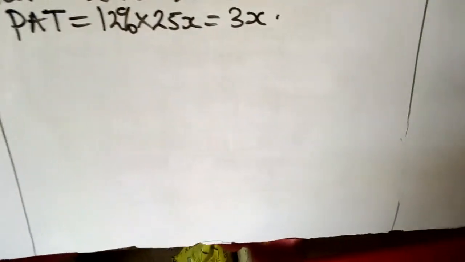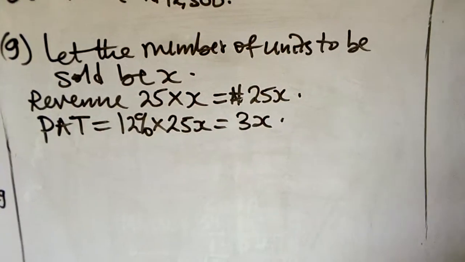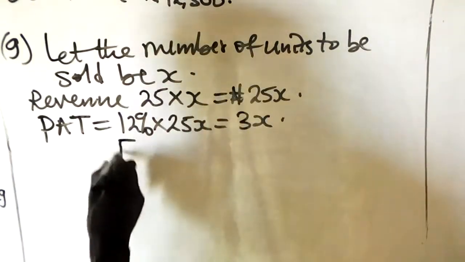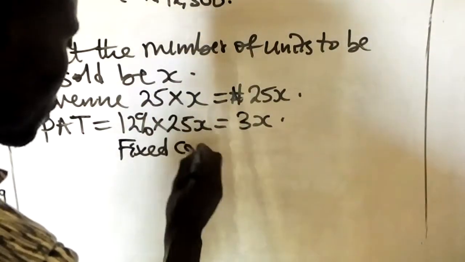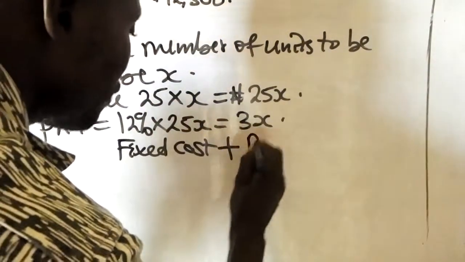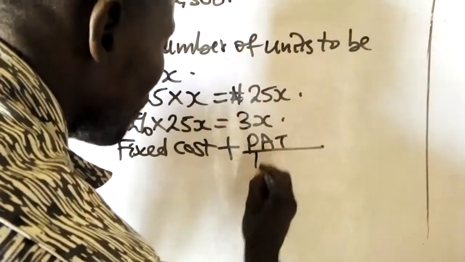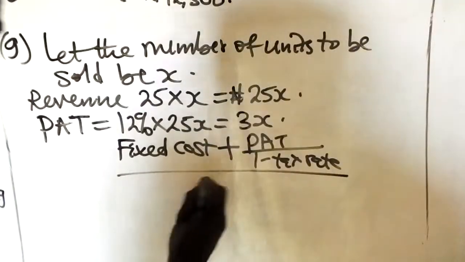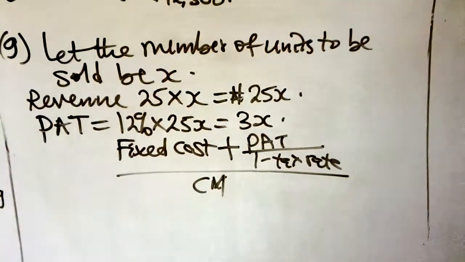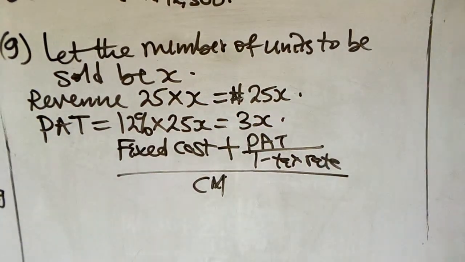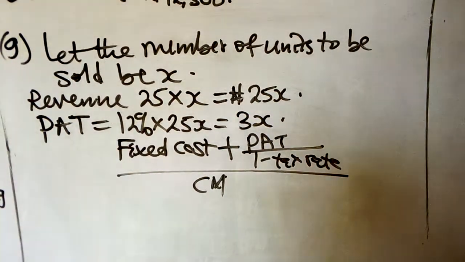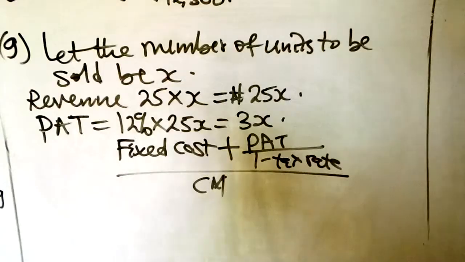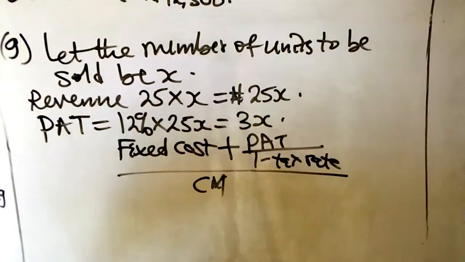So the formula is: number of units to achieve an after-tax profit will be fixed cost plus profit after tax over 1 minus tax rate, all over CM, because it is units. You were told that 11,250 will be spent on advertising. Remember, the existing fixed cost is 135,000. If you now spend 11,250 on advertising, then your fixed cost becomes 146,250.